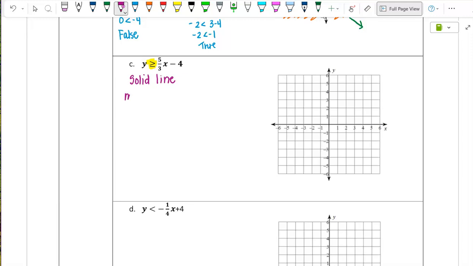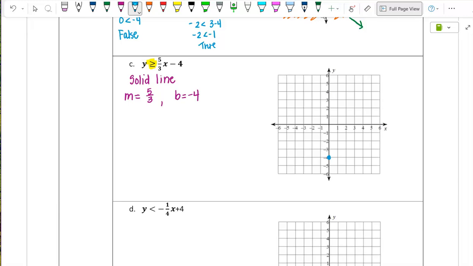So since I'm already in slope-intercept form, what is my slope here? 5/3. And my y-intercept? -4. So I start at my y-intercept of -4.